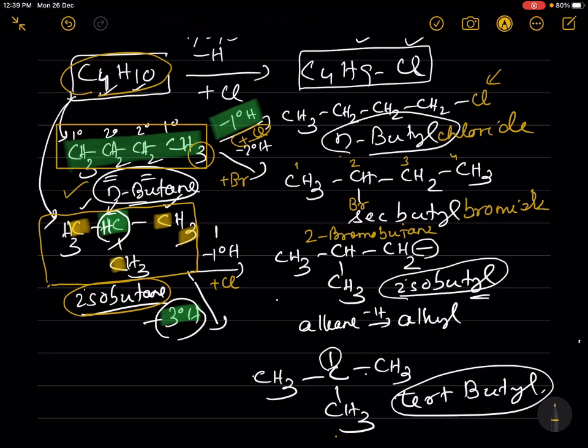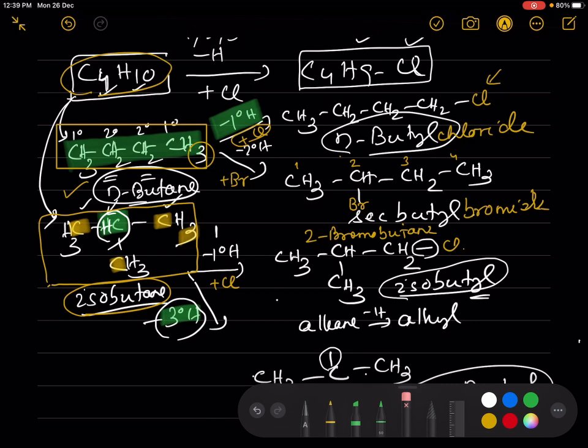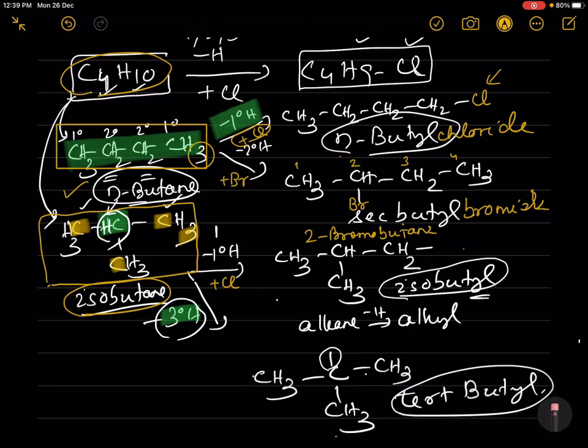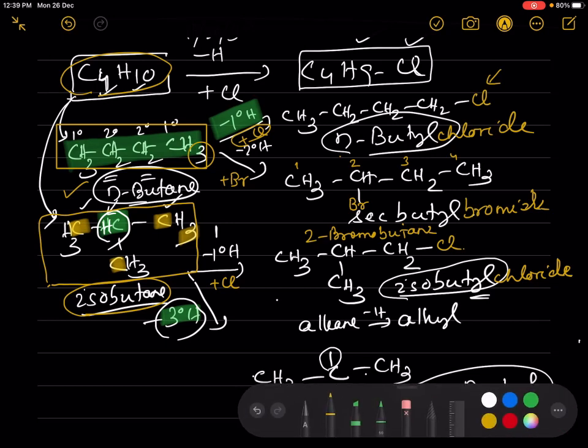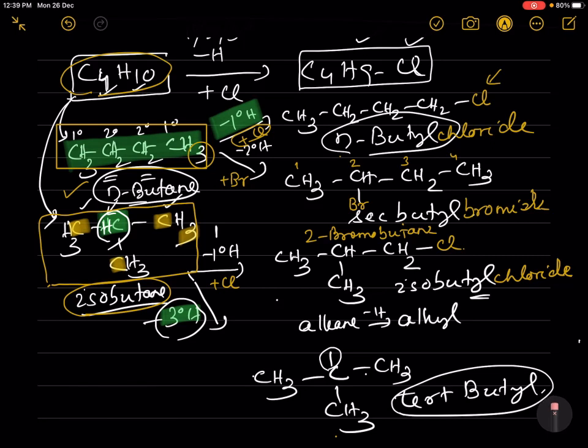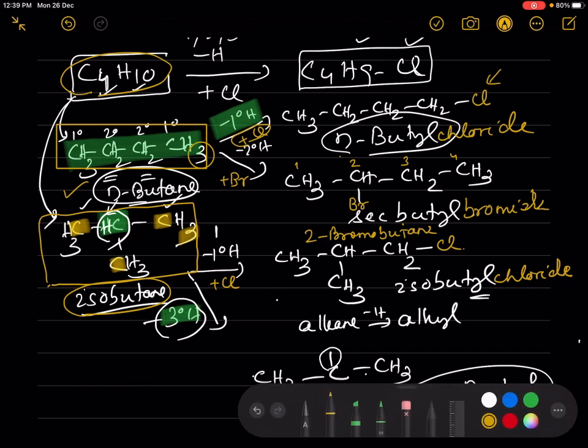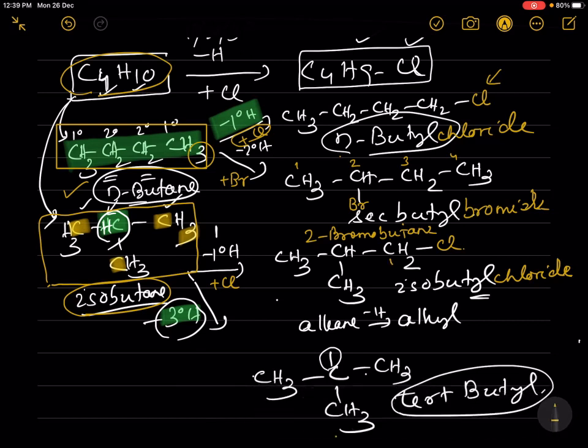Then you will be writing a chlorine over here. Then you will be getting isobutyl chloride. And the IUPAC name will be 1-chloro-2-methylpropane. 1-chloro, 1, 2, 3.